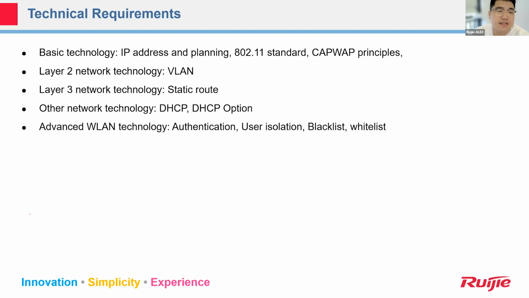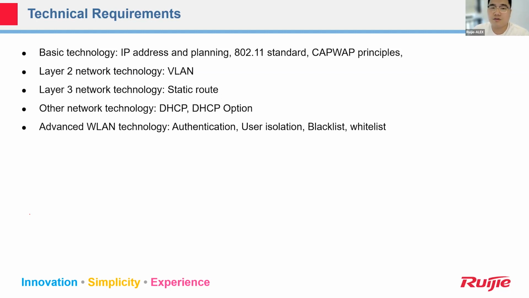Okay, first is the IP addressing and IP address planning. Because different users and APs should get their own IP address, before we configure the device, we should plan the IP addresses we could use. And next is the 802.11 standards.